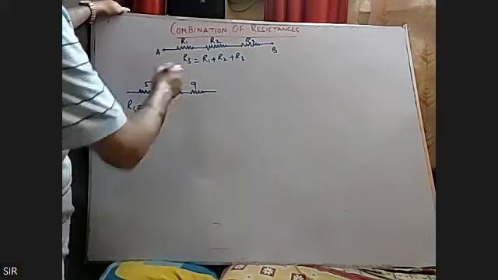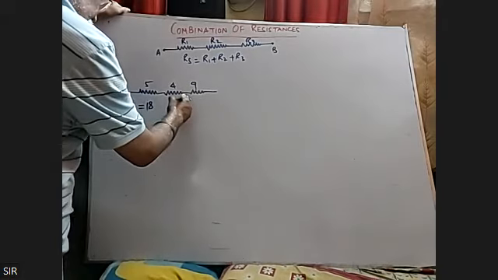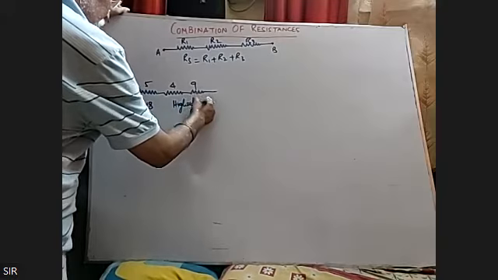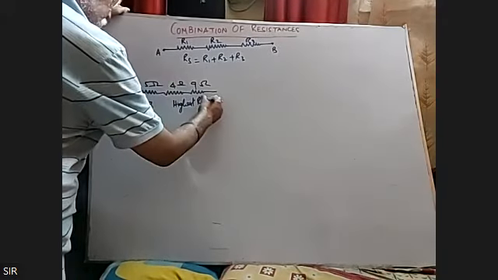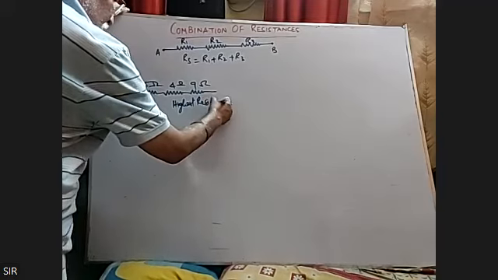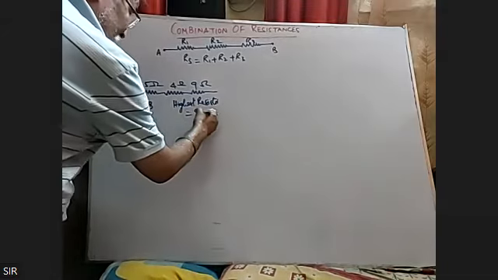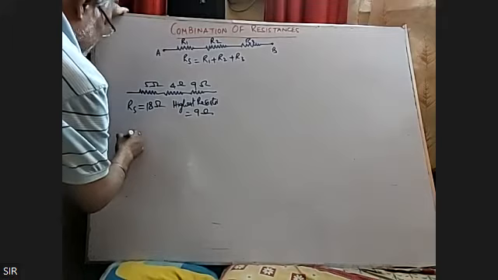Which is the highest resistance in this connection? 9. Highest resistor. These are all in ohms. What is the highest resistor? 9 ohm, and RS is 18 ohm. Okay, I'm making another.